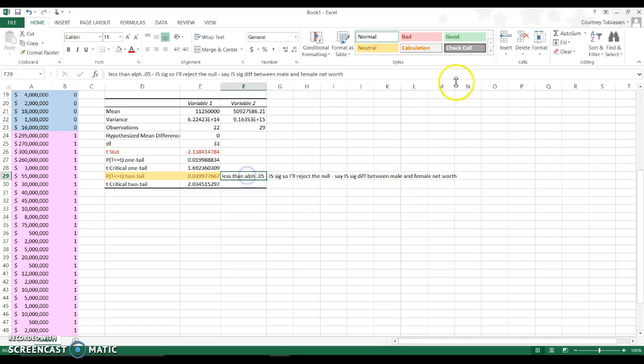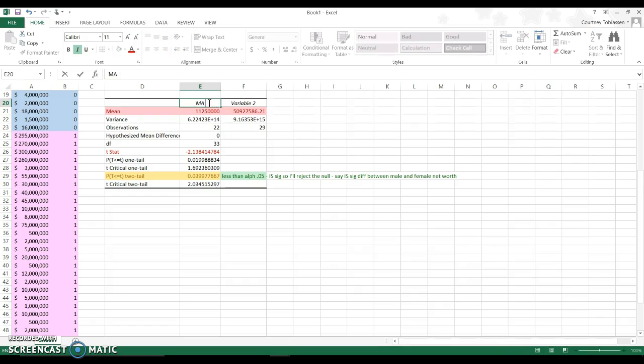I'm going to say all of that, and I can also tell who's higher. I can go all the way back up here to my means. If I check the means, they are not bad. They're just another way to highlight. I can see variable 1, I entered guys first. Variable 2, I entered females second.